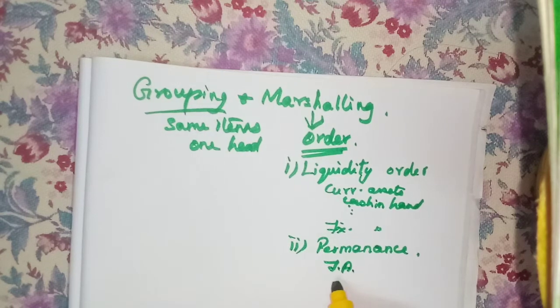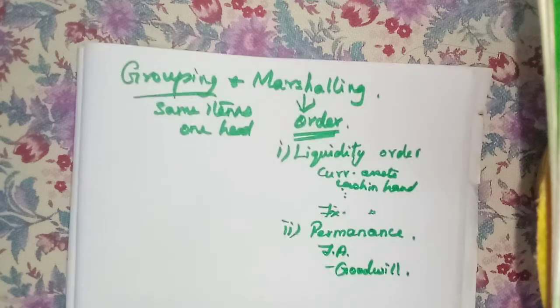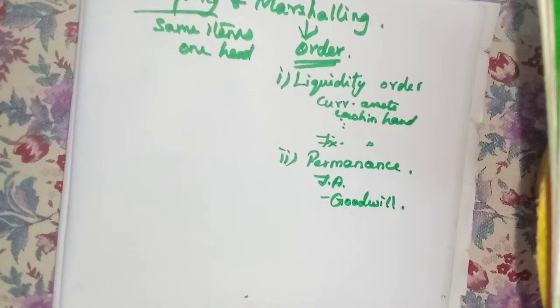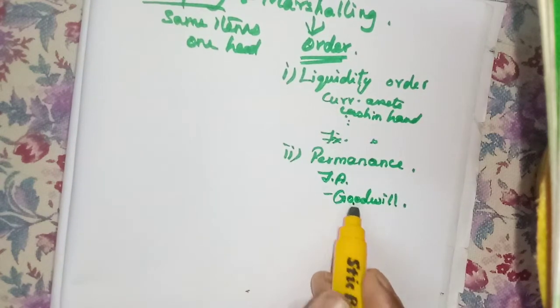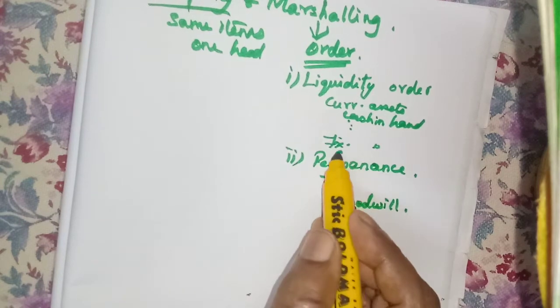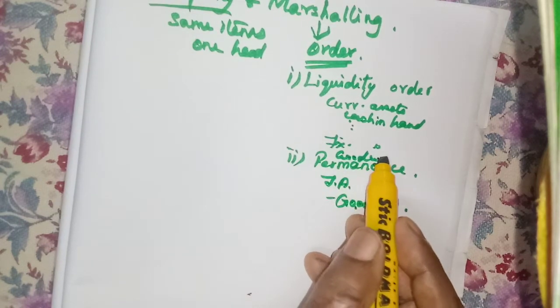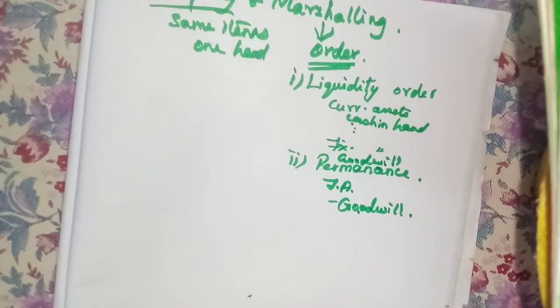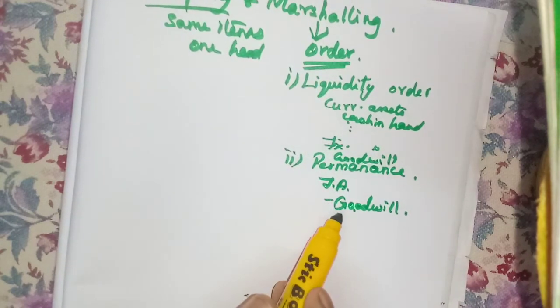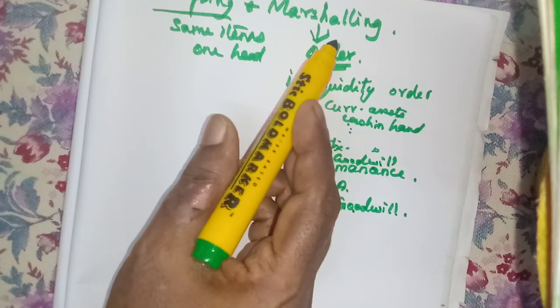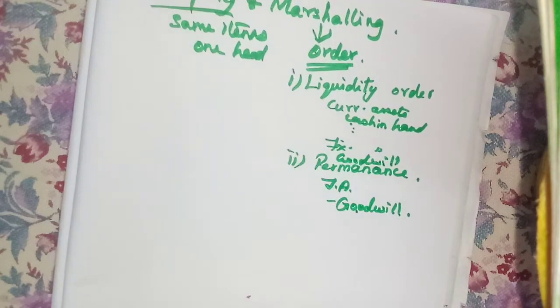In the fixed assets also, the most permanent form is goodwill. We cannot convert that into cash, isn't it? So goodwill will be the first one here, and in liquidity order goodwill will be the last one. That is order of permanence and order of liquidity. That is marshalling of items in the balance sheet.